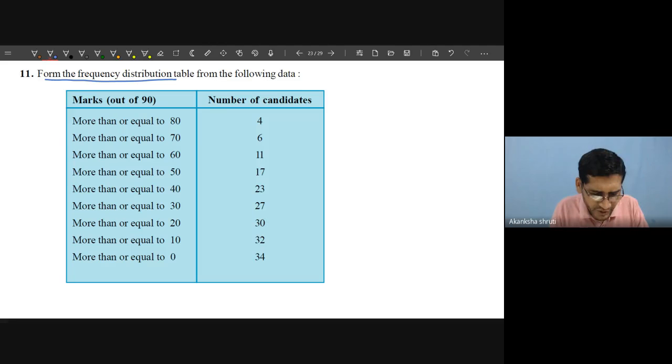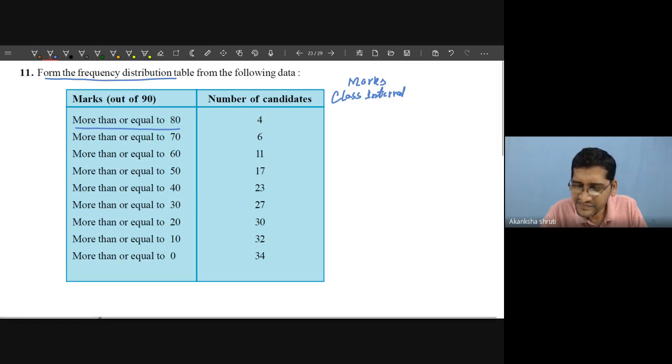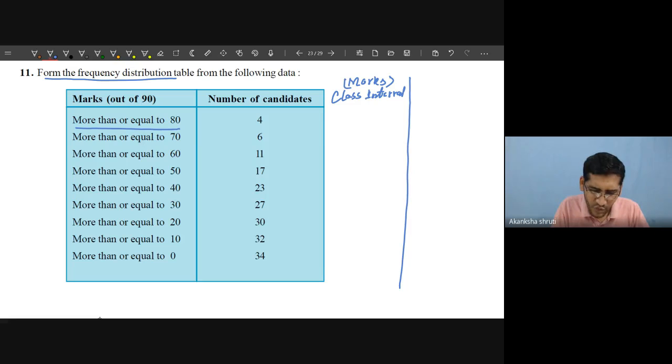So for the frequency distribution, it is more than or equal to 80. It means what will be the class interval? I'm going to solve here itself. This class interval is of what? Marks. I need to find the class interval in the range. It is more than or equal to 80, which means the lower limit is 80.